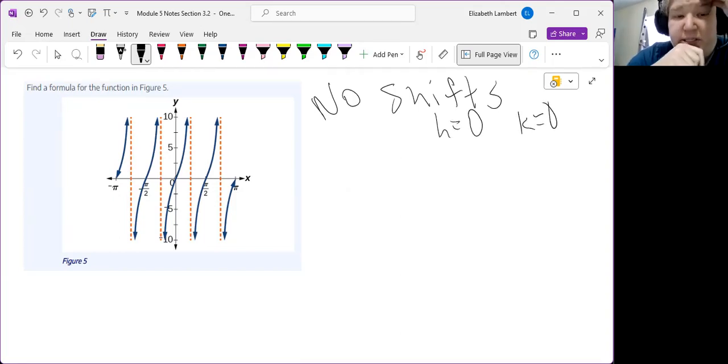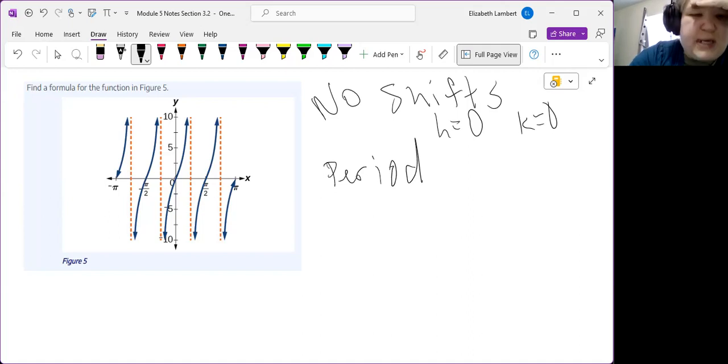So h and k are 0. Now we need to know our period. And it appears the period is going, like I see from the 0, 0 point to the next place where it crosses is pi over 2. So the period width is pi over 2.